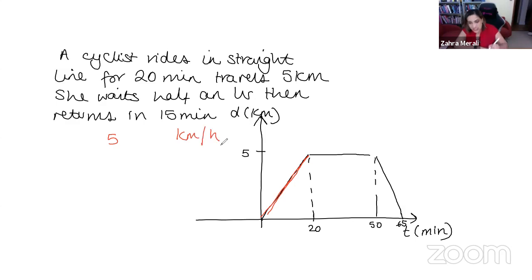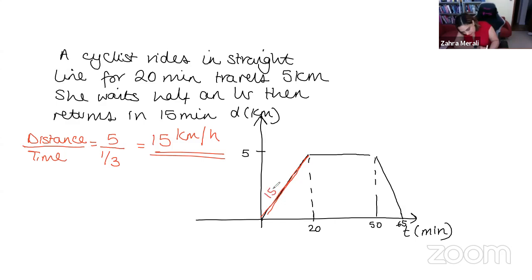It's much easier to change your units at this point before you put it into your calculator. So we're going to have 5 divided by 20, which is 1/3 of an hour. So we've got distance or displacement over time. And when I plug that in, I'm going to get 15, and it's 15 kilometers per hour. So the gradient here is 15 kilometers per hour.